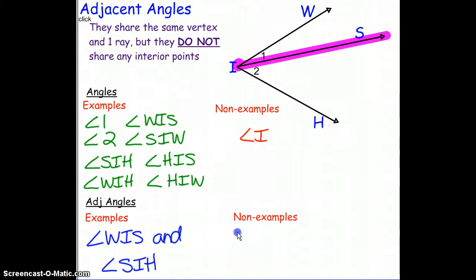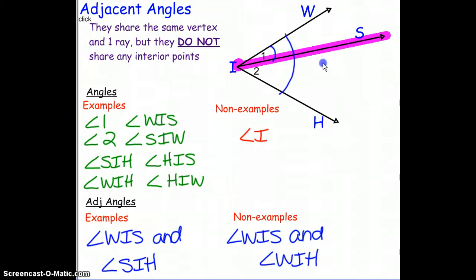We cannot say that angle WIS, which is right here, and angle WIH are adjacent. The reason that this is not an example is that these angles overlap. The points that are contained within WIS are also contained within WIH. So they would not be considered adjacent angles.